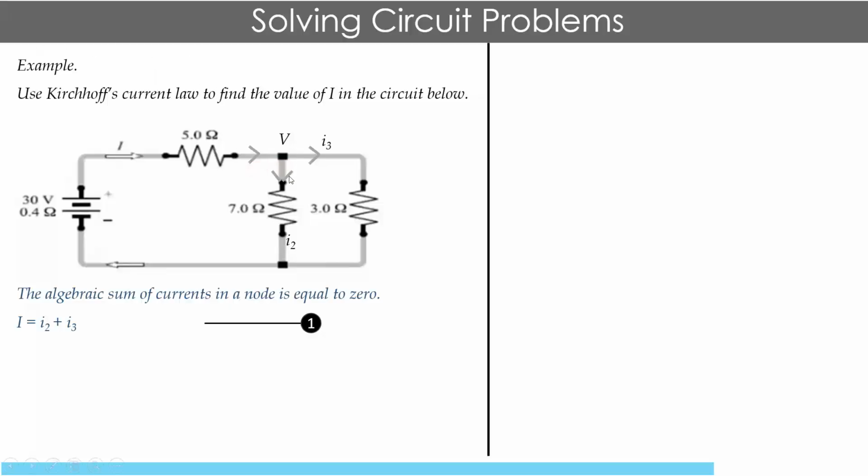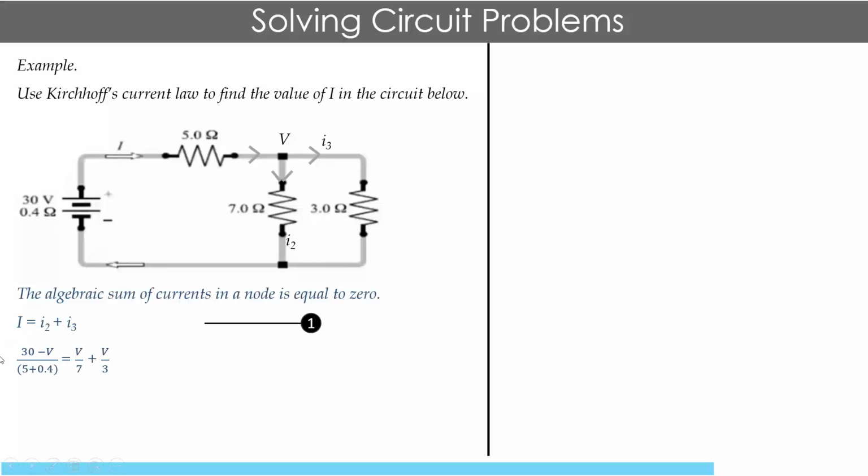When it comes to this parallel circuit, it splits into I2 and I3, but the same voltage passed through the node. This node here, the same voltage is present here, going through the 7 ohm resistor, and then going through the 3 ohm resistor. So to proceed, this is the equation that we can derive from that.